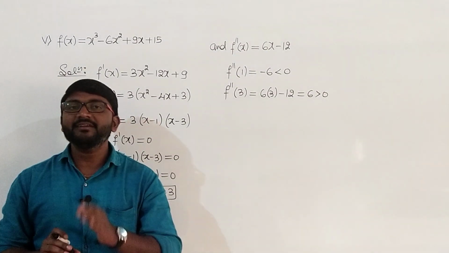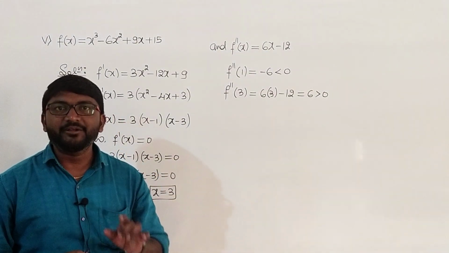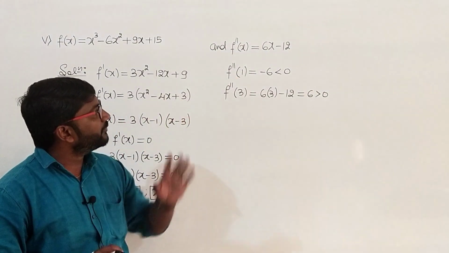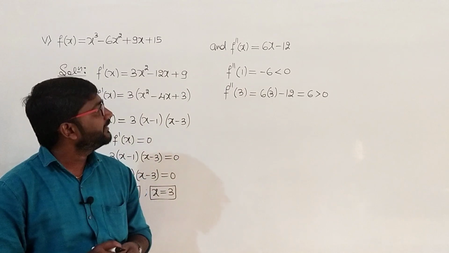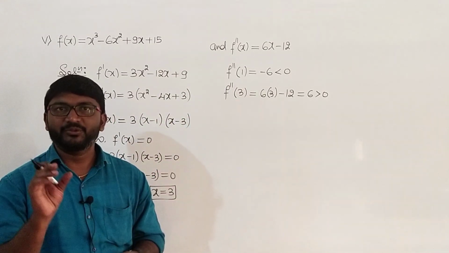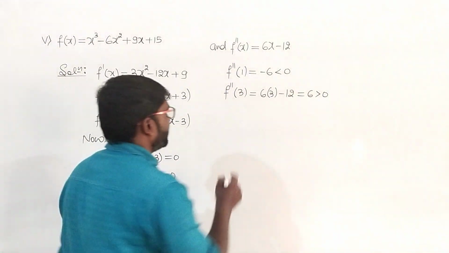Now by the second derivative test, x equal to 1 is the point of local maxima and x equal to 3 is the point of local minima. That we have to write.